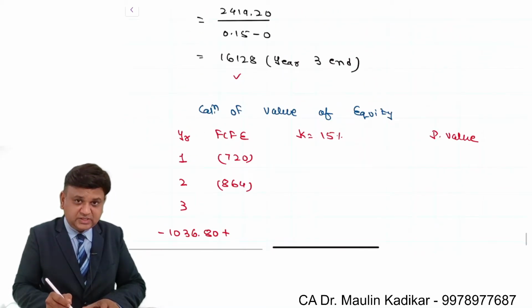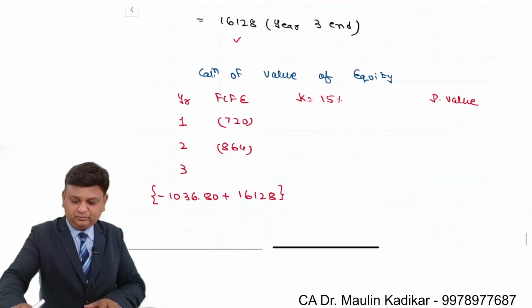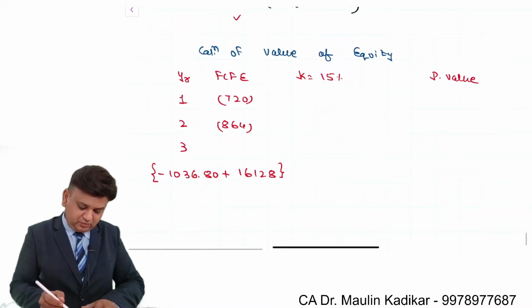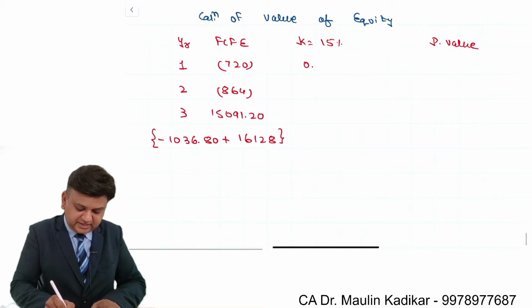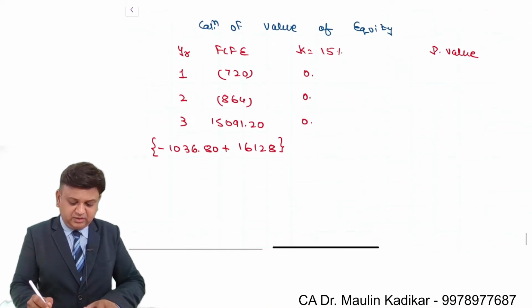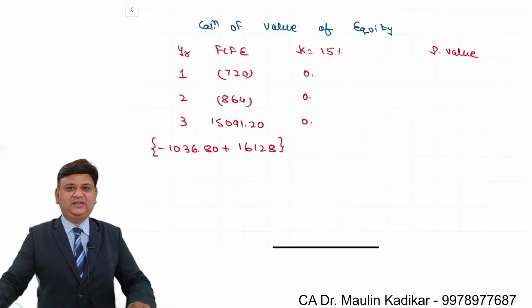Plus 16128, so 15091.2. It will be discounted at the rate of 15 percentage. Its present value will be calculated to compute the value of the equity. This is what we understand.